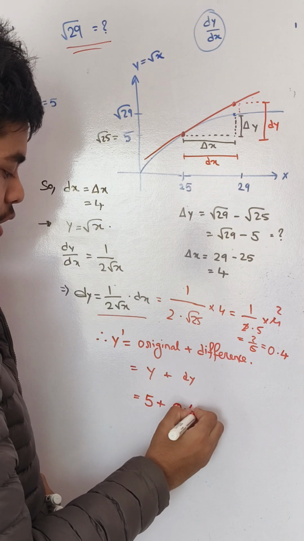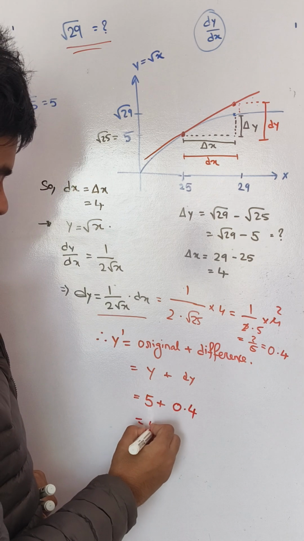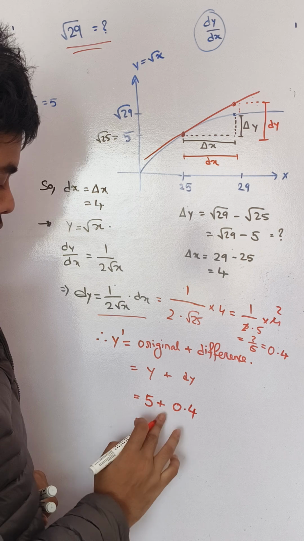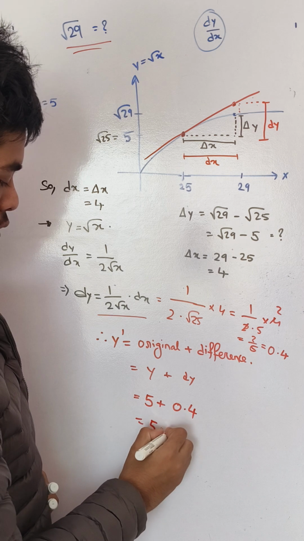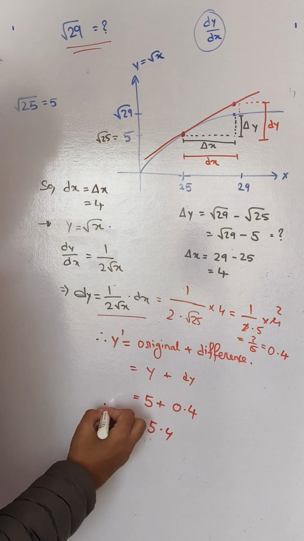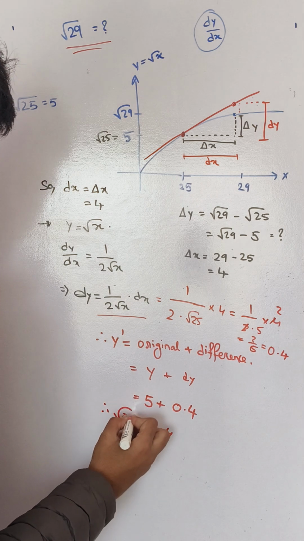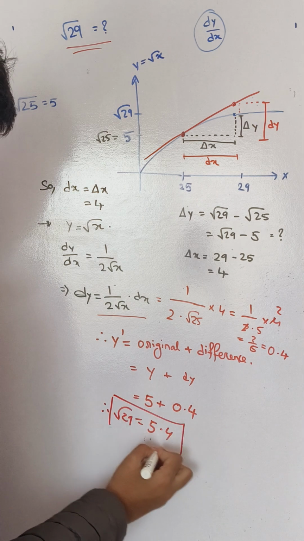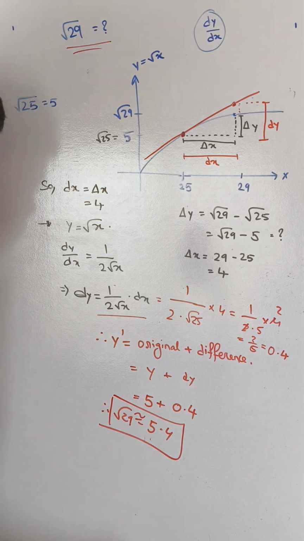So it comes to 5.4. Therefore, root under 29 comes approximately as 5.4.